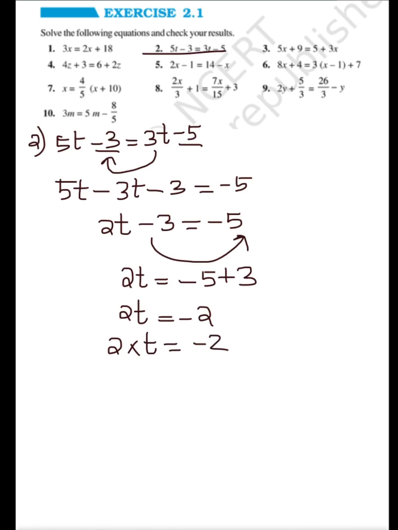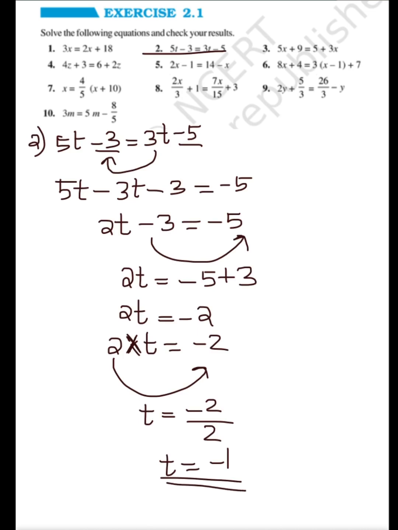You want to get the t alone in this side. So you can take this 2 also to other side. That means what will be our answer? T equals minus 2 divided by 2, because multiplication when taken to other side will become division. So what is minus 2 divided by 2? It's minus 1. So our answer is minus 1.